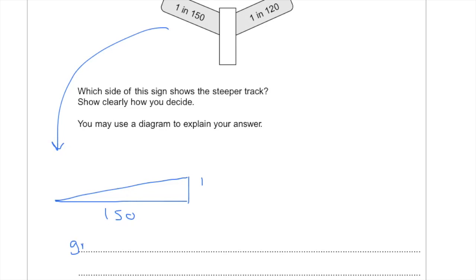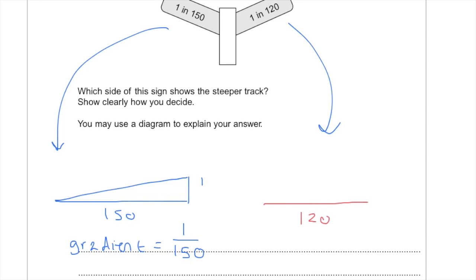That means that the left-hand side has a gradient which is equal to 1 over 150. On the right-hand side, the track is such that for every 120 we go along, we go up 1, which means that the gradient is equal to 1 over 120.